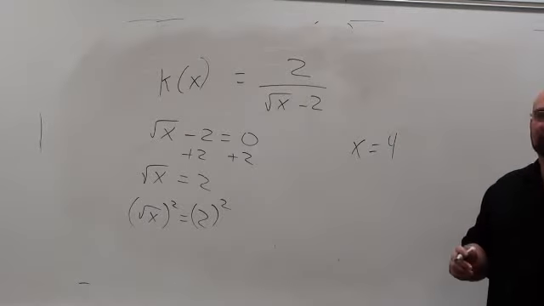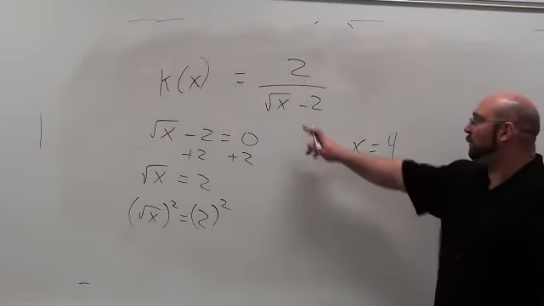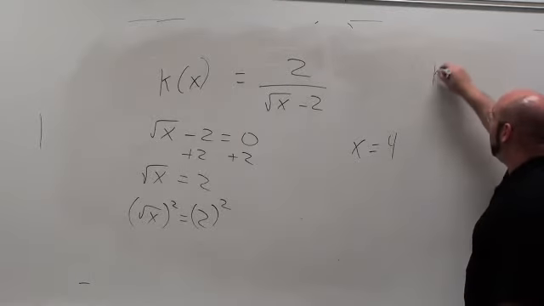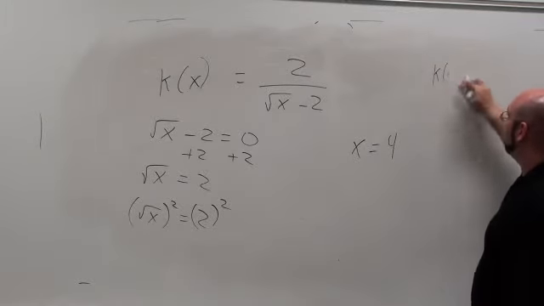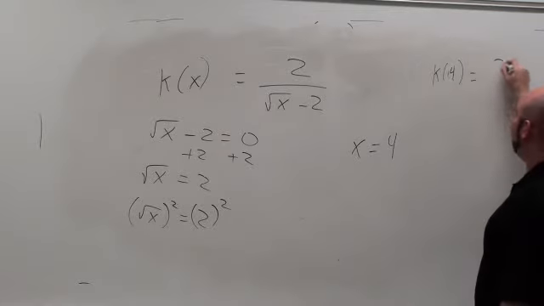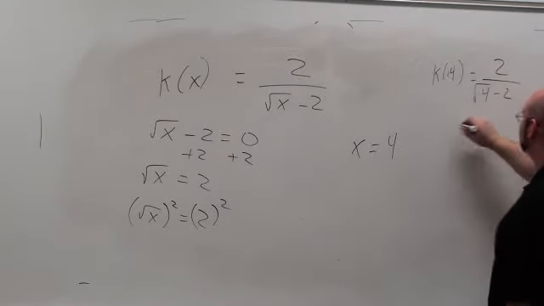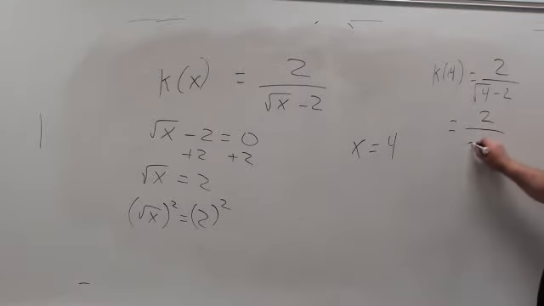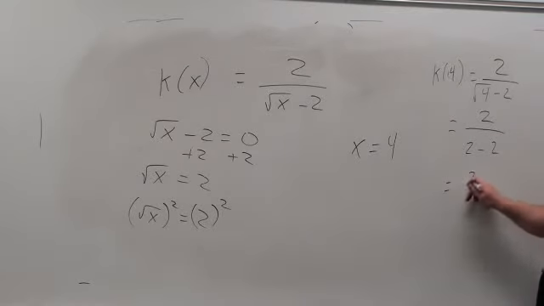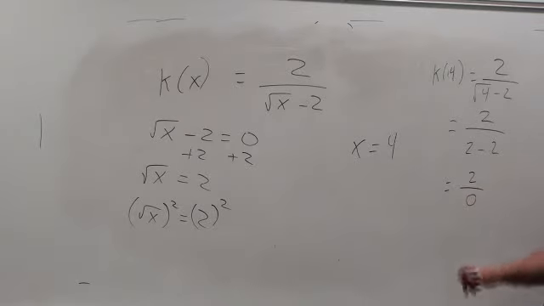Now this is going to make sense, because notice if I put a 4 in here, k of 4 is going to be equal to 2 over square root of 4 minus 2, which becomes 2 minus 2, which is undefined. So I know that x cannot be equal to 4.